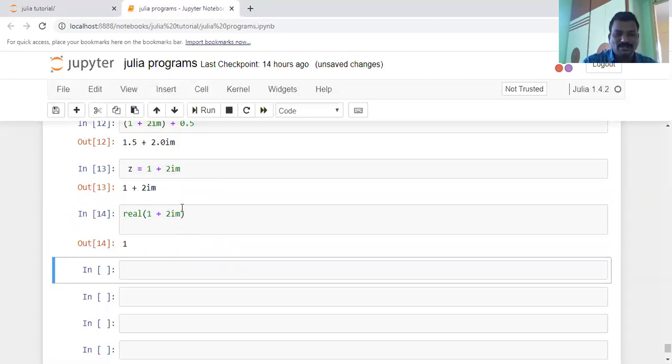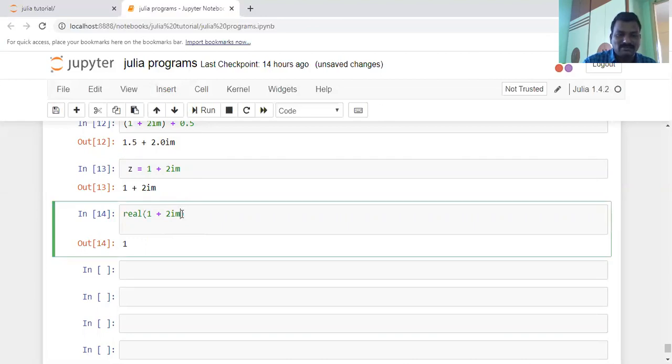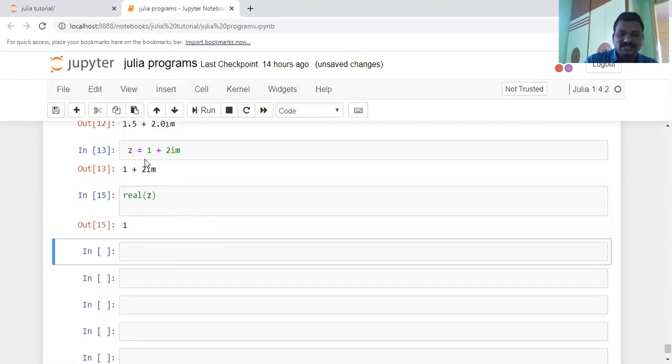Simply, instead of writing 1 plus im, if you write z here, the value is also z. Z means the value 1 plus im is assigned to the variable z. Similarly, you will get the imaginary value.